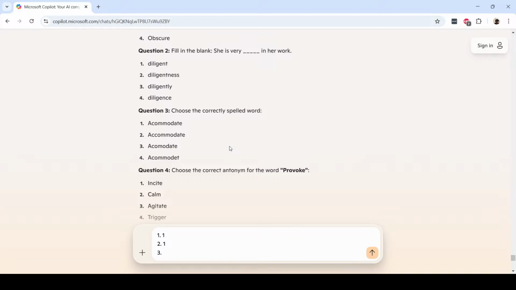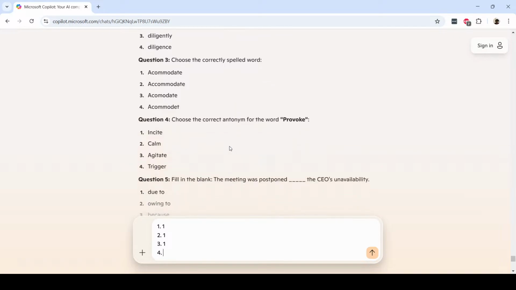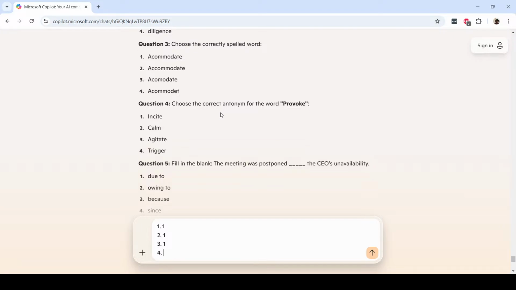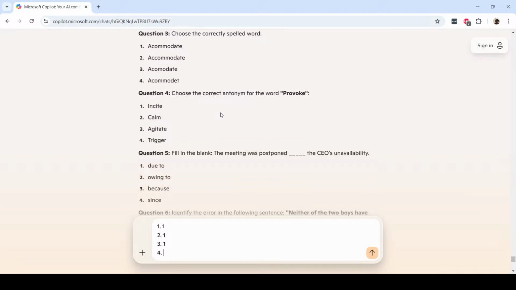First one only. These types of questions can be difficult, because if you see some similar spellings, you will be confused, even if English is your first, native language. Choose the correct antonym for the word provoke, and we need antonym.